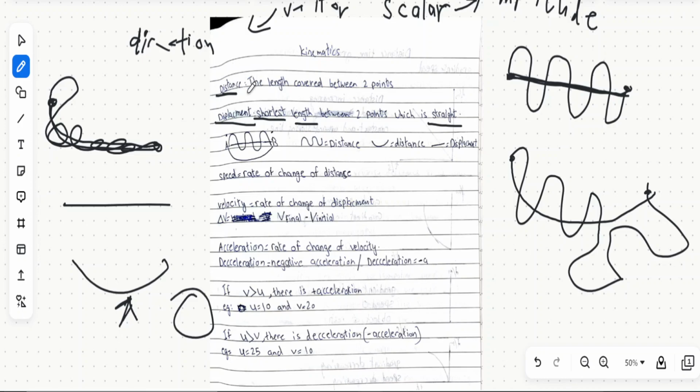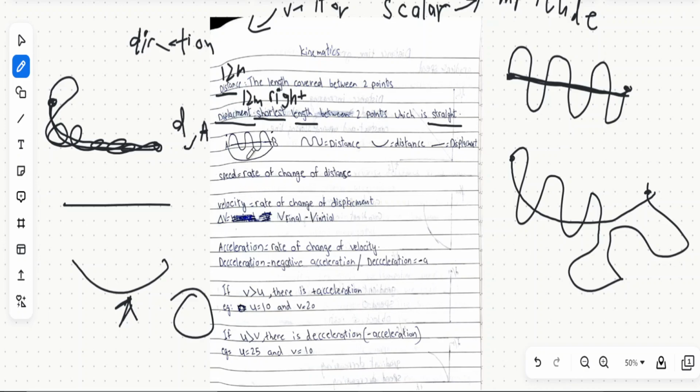So displacement will have both direction as well as amplitude. Amplitude is a fancy word for a value. So for example, distance can be 12 meters. Displacement can be 12 meters towards the right. So you have to point the direction in which your displacement is in.